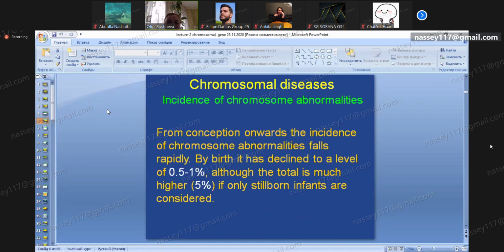From conception onwards, the incidence of chromosomal abnormalities falls rapidly. By birth, it has declined to a level of 0.51%, although the total is much higher, around 5%, if only stillborn infants are considered.